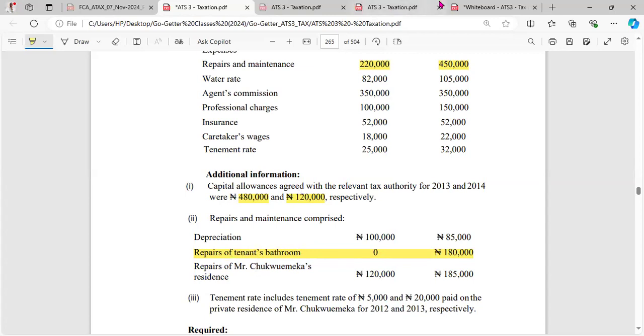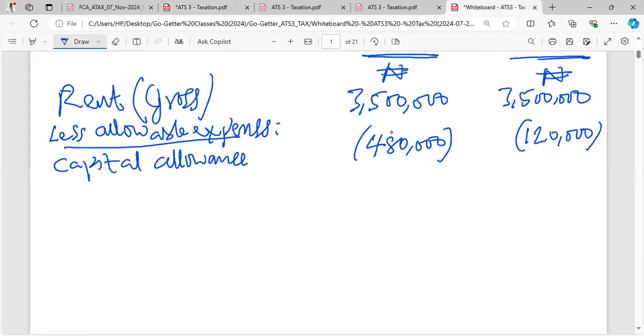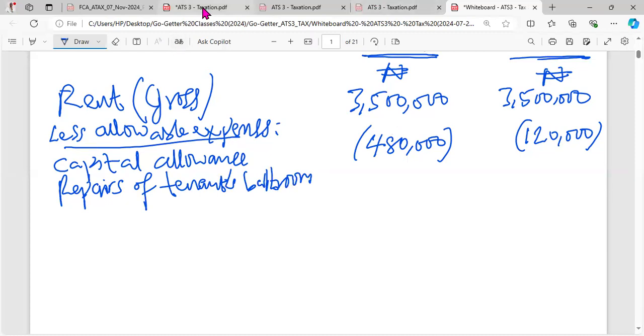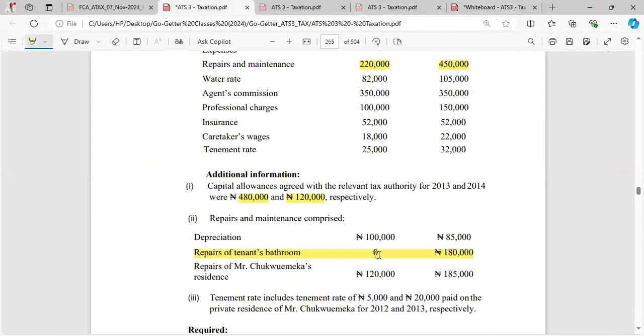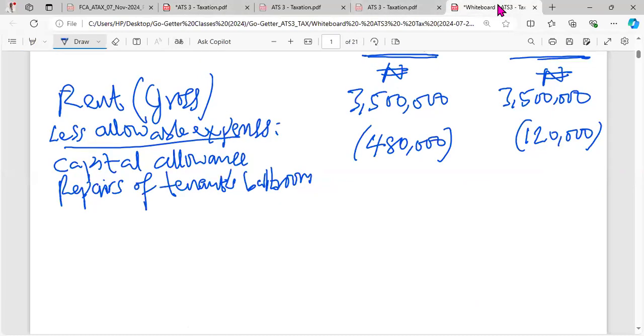Repairs of tenant's bathroom. So you come here. How much is that? 0 and 180. So we have 0 here.